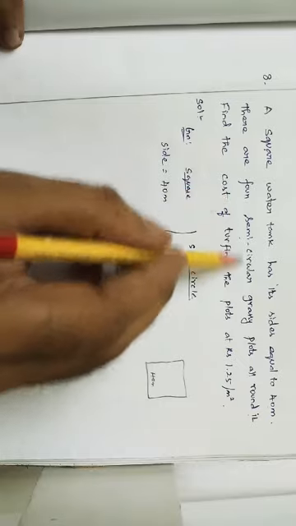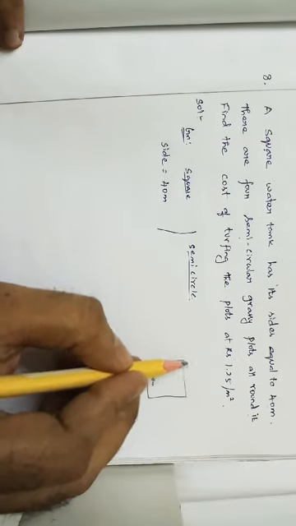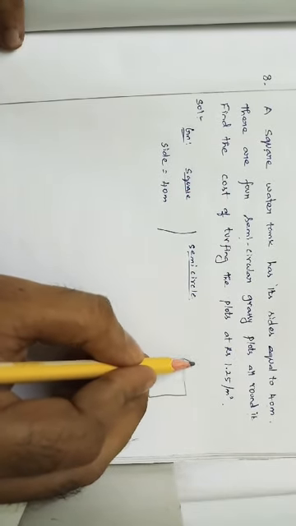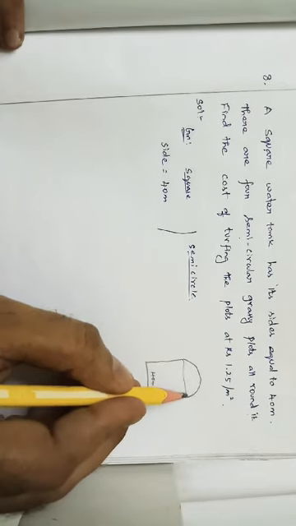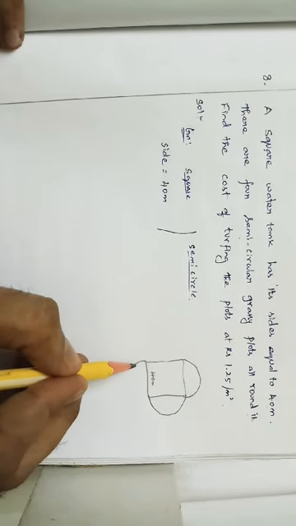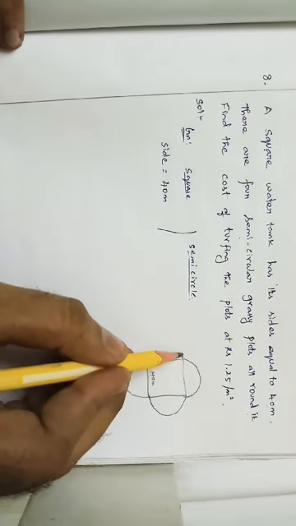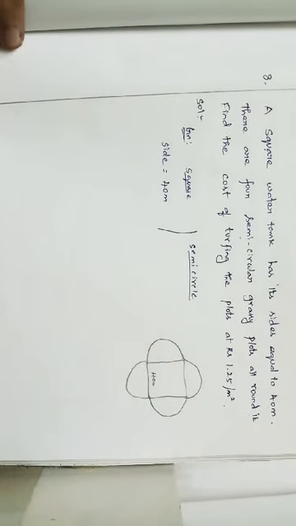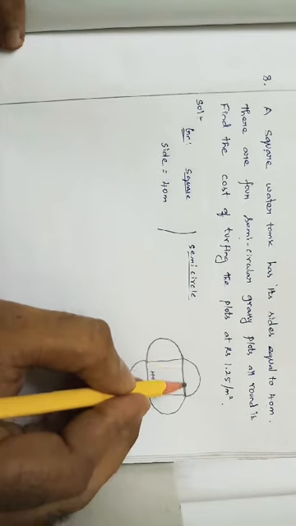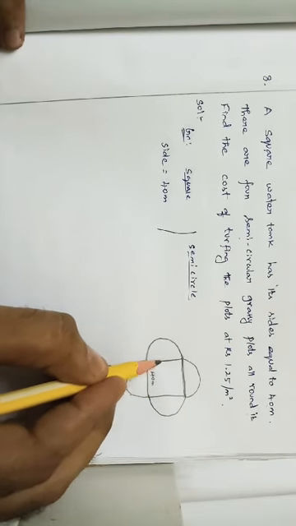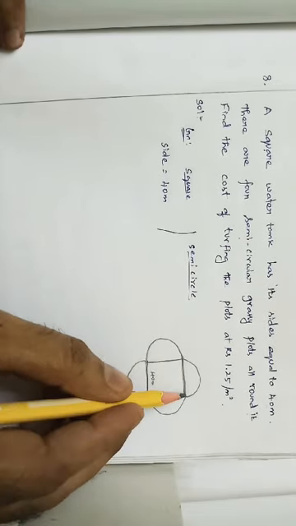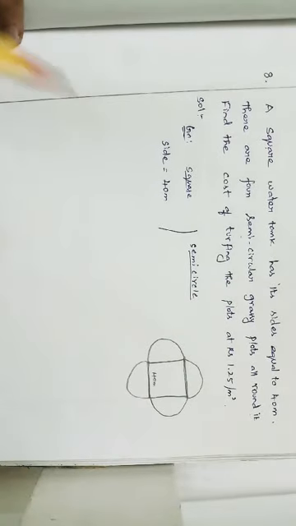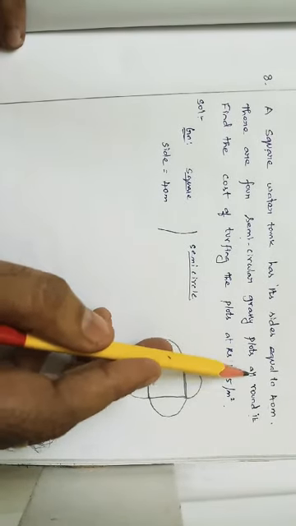So on each side there are semicircular grassy plats. Actually we want to use a scale, but I'm just drawing directly.